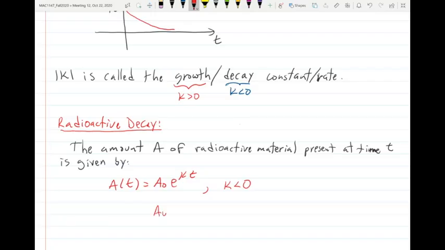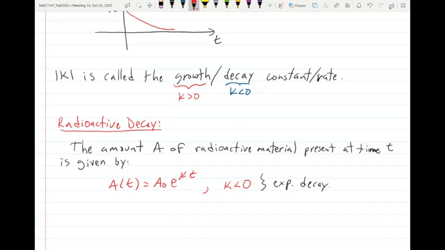You may see in some places that they will manually put the negative, because then their k is positive. Remember, in our case, I'm just writing k in general, and letting k tell me whether we have growth or decay. All right. So in this case, when I write A0 e to the kt, to have radioactive decay, you need to have a negative k. So that means that we're going to have exponential decay.